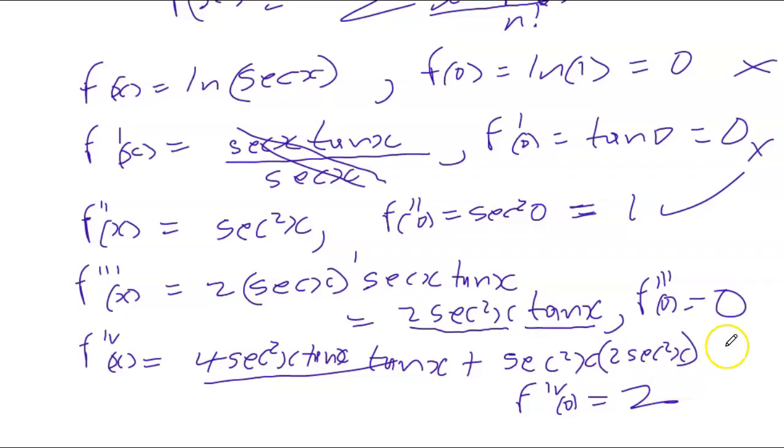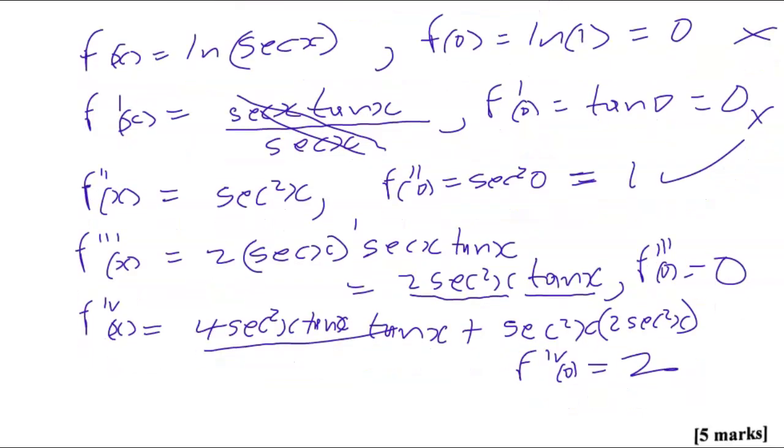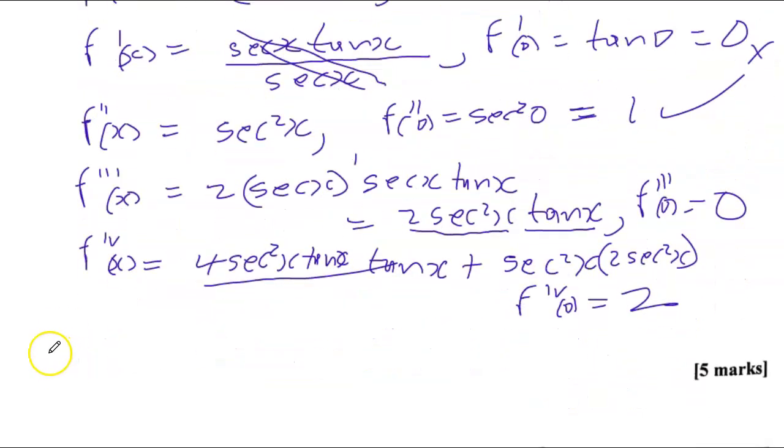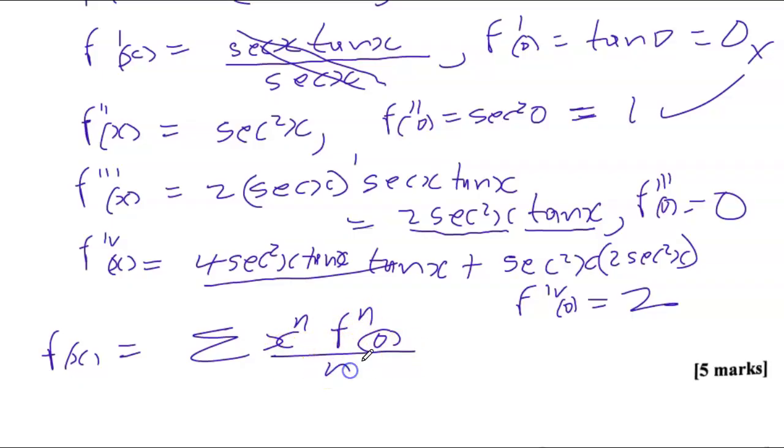So now we can write our Maclaurin series. Remember the Maclaurin series: f of x is equal to the summation of x to the n power, times the nth derivative at 0, over n factorial. So we only have the second and the fourth derivative.